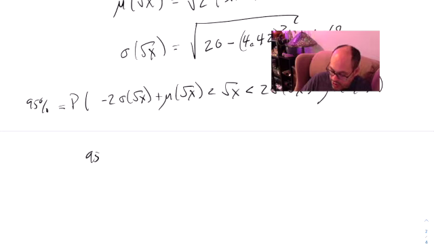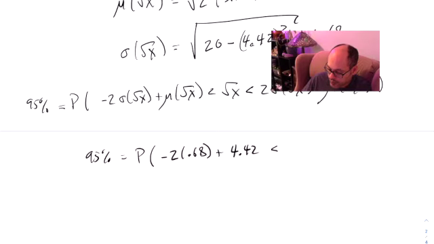With 95% certainty, we know that our chi variable is between minus 2 times 0.68 plus 4.42, and 2 times 0.68 plus 4.42.